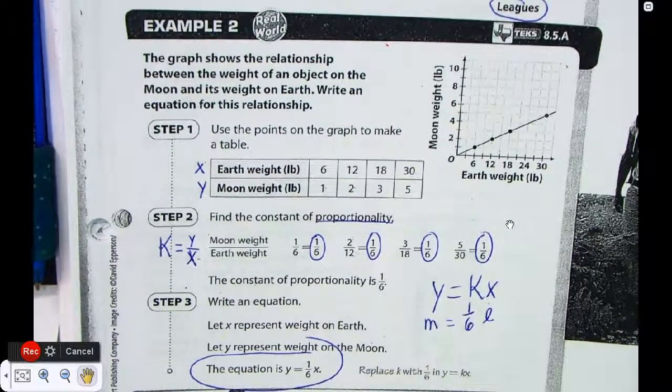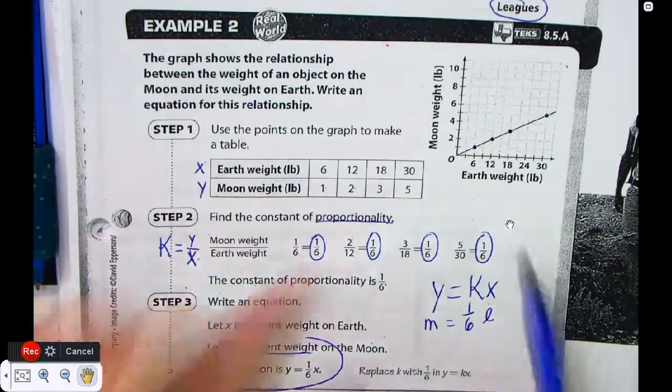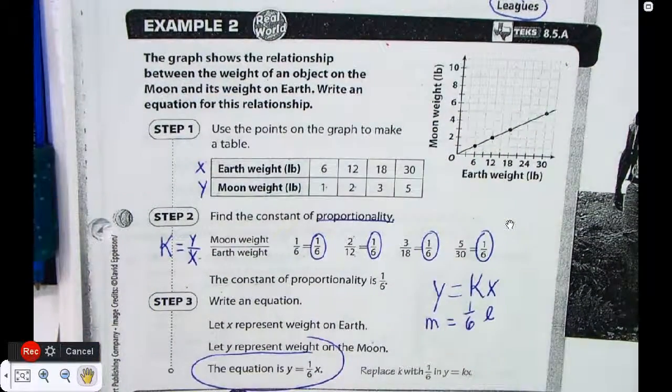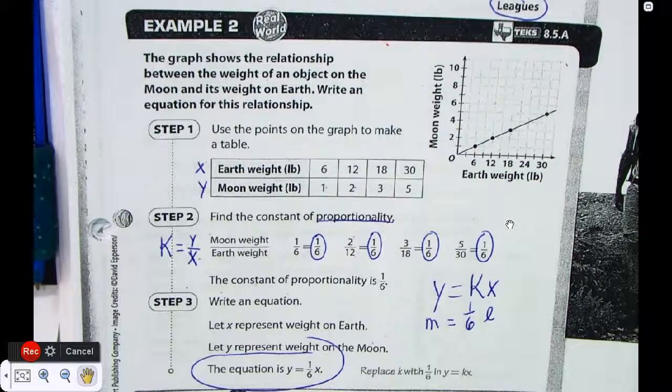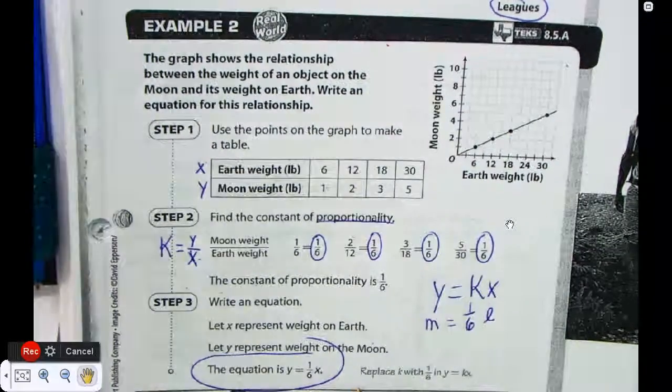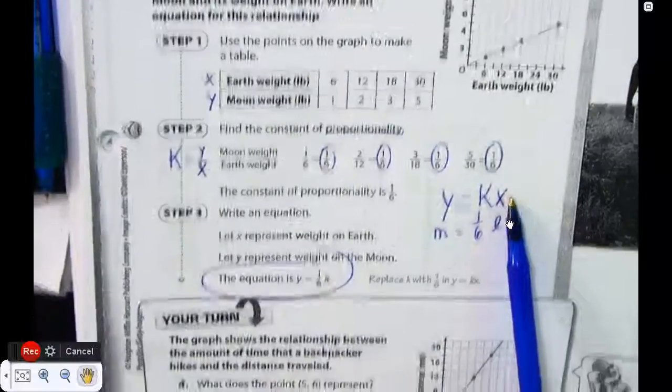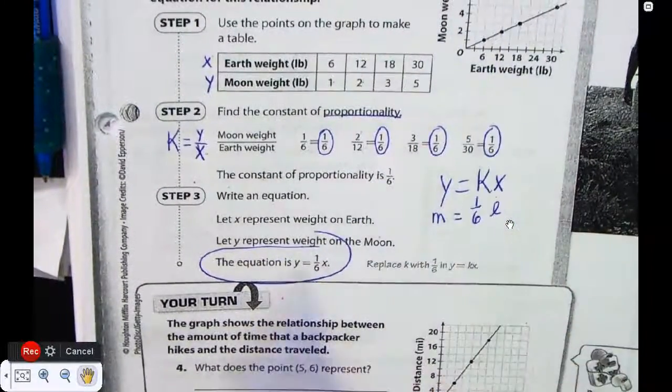Does that make sense? All of it kind of intertwines there. So when I look at that, I go, oh, that graph is proportional. So it's going to have a constant of proportionality, a unit rate. And I can write the equation y equals kx for that information.